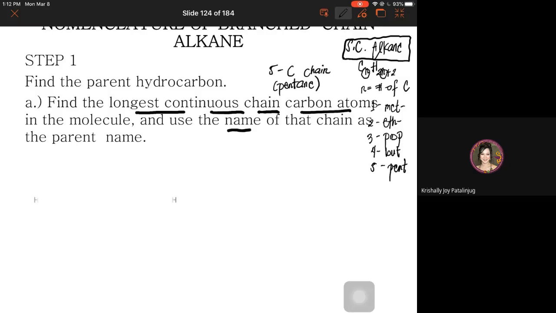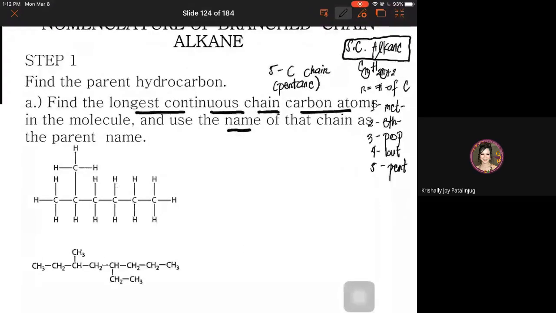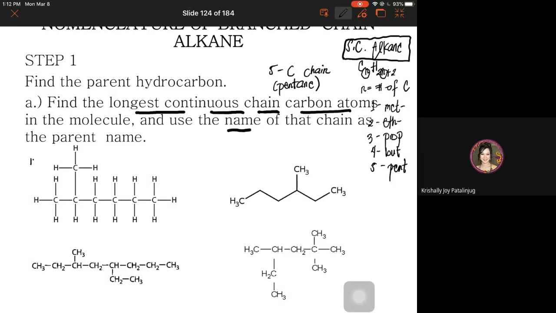So say for example, applying the first step. This is molecule 1. Again, carbon only. Do not include the hydrogen here. We are talking about the carbon chain. You have to find the longest continuous one.